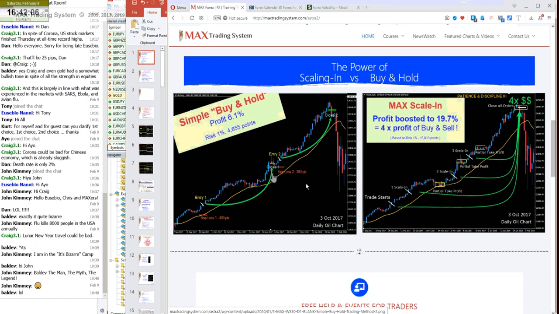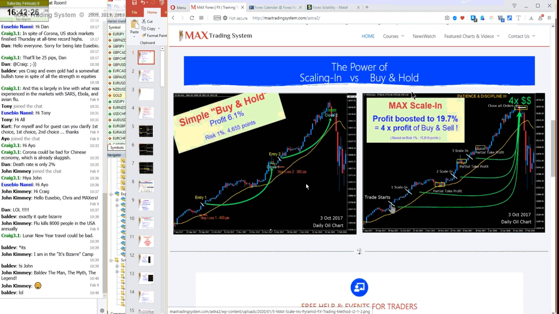Whereas when you're using the standard with its profit boosting, and with the scale-ins so that you're actually adding to the trades, also called reverse martingales, the profit is boosted to 19% as opposed to 6%. It's 4 times the simple buy and hold that the primer can do. And there's more action along the way.